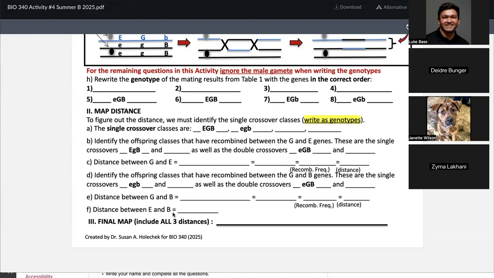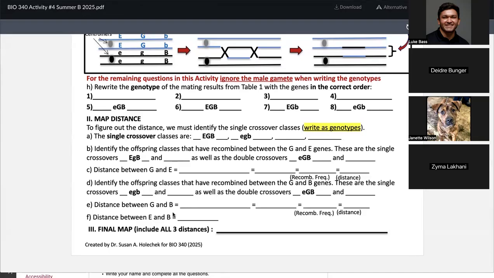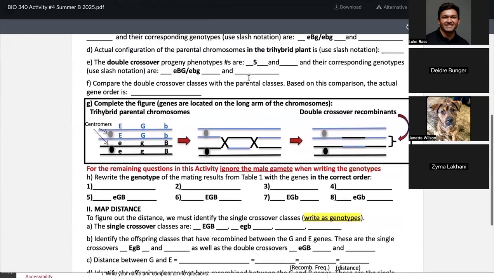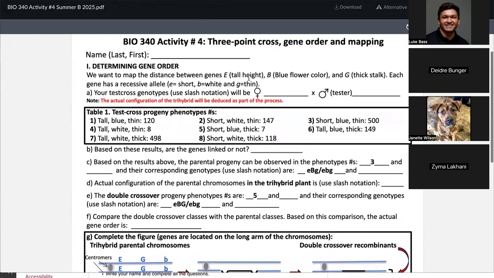I just had a question about the overall concepts of this. I know that Dr. Holichek has videos on each of the concepts. Is there one in particular, or any supplemental ones that would help me understand this whole concept of recombination better?